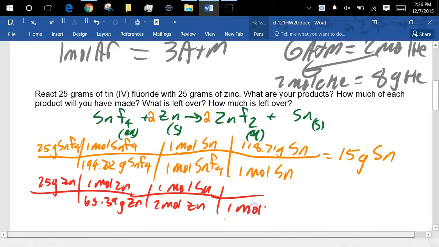For every 1 mole of tin, it's 118.71 grams of tin. Okay. So 25 divided by 65.39 divided by 2 times 118.71. So I got 23. Okay. So what do we know?